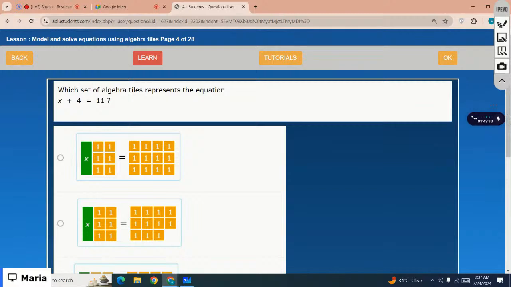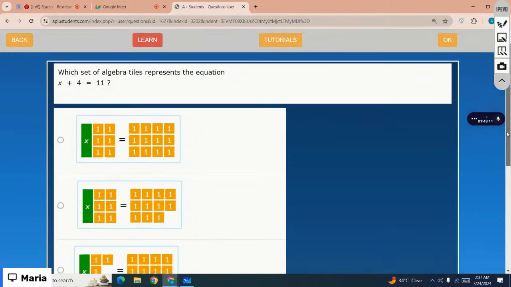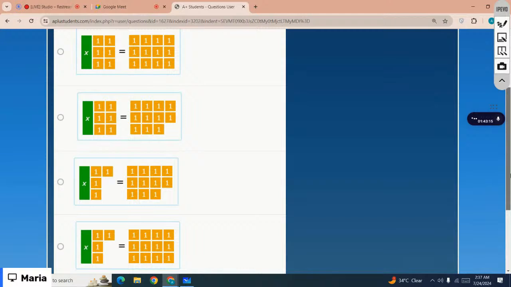Which set of algebra tile represents x plus 4 equals 11? So which is the correct option?